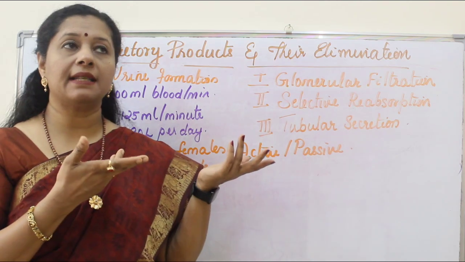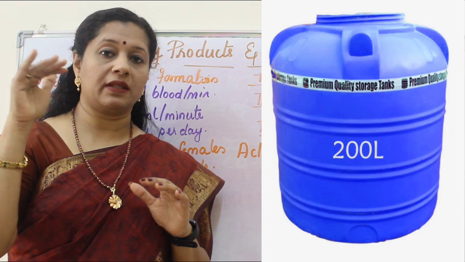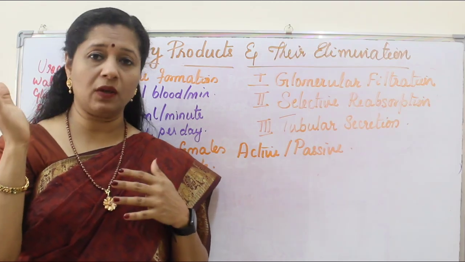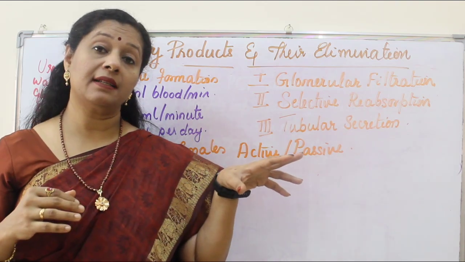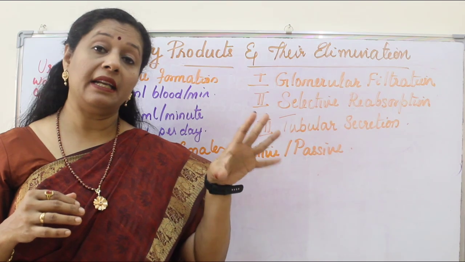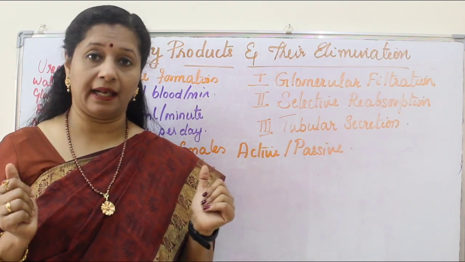That is equivalent to the Syntex tank we use for storing water on the terrace. That is almost 200 liters, or bigger ones are also there, but on an average 200 liters is quite big. Imagine that much filtrate is forming per day, and if we start excreting that, we will not have time for anything else than urinating, right?